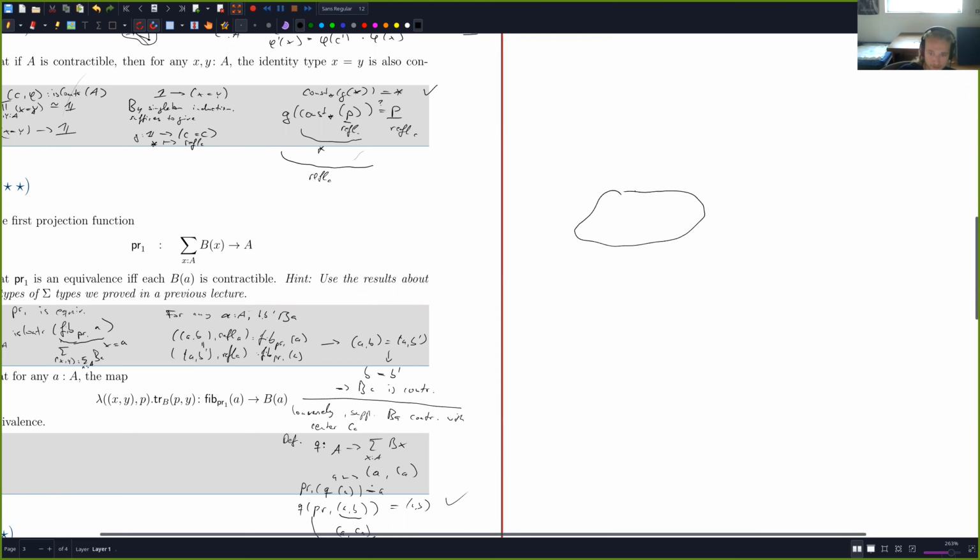We have the type A, and over that we have the type family B, and here we're given a fixed element A in A, and of course this has its fiber B A, so this type is depicted as a line here.